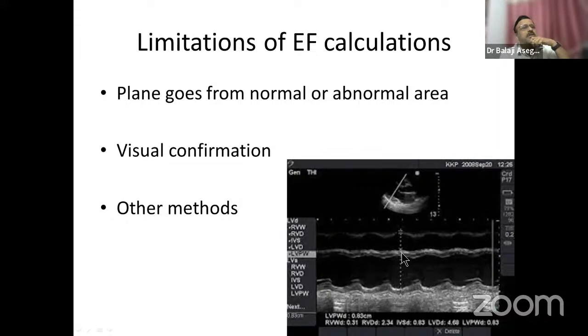Suppose he puts his cursor on a normal segment of the heart, and just beside that there is an abnormal segment. So this calculation may not be correct. This is a very big limitation as far as echocardiography is concerned.